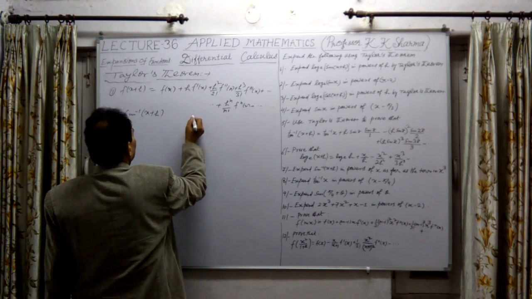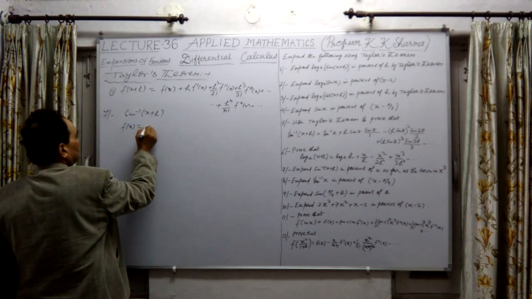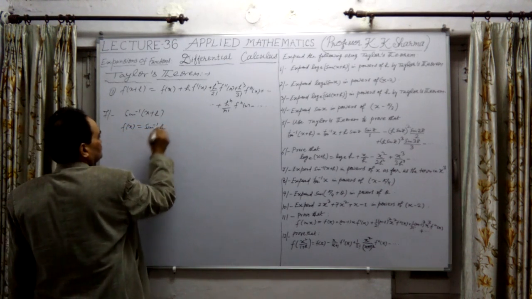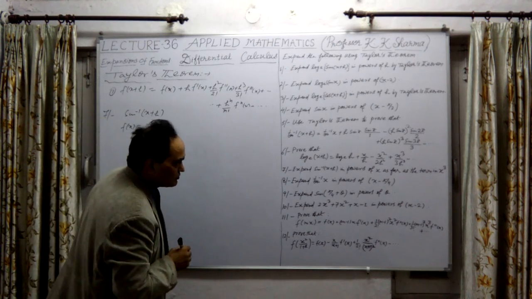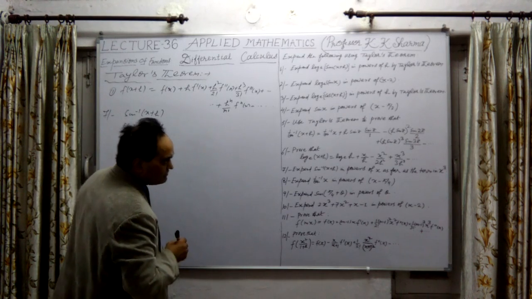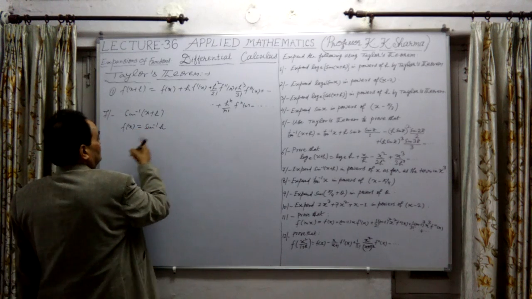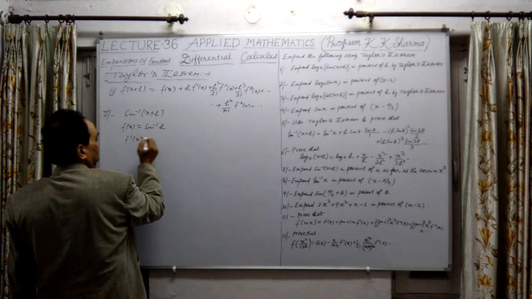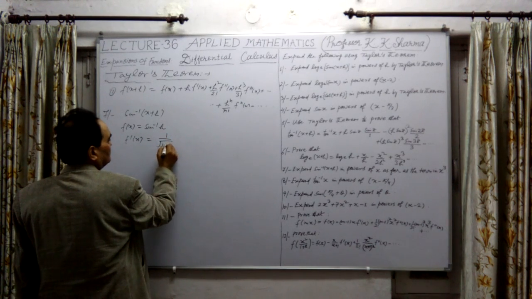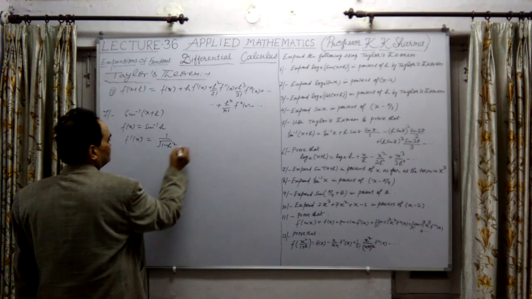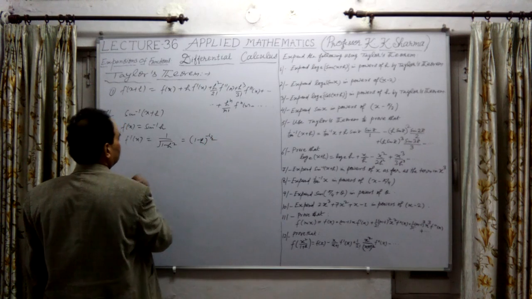Let me write here f of x equal to sine inverse h, because in powers of x we have to replace this, so we have to write this in powers of x as far as the term in x cube. Now f dash x will be, for sine inverse h, 1 upon under root 1 minus h square, that means 1 minus h square whole power minus half.